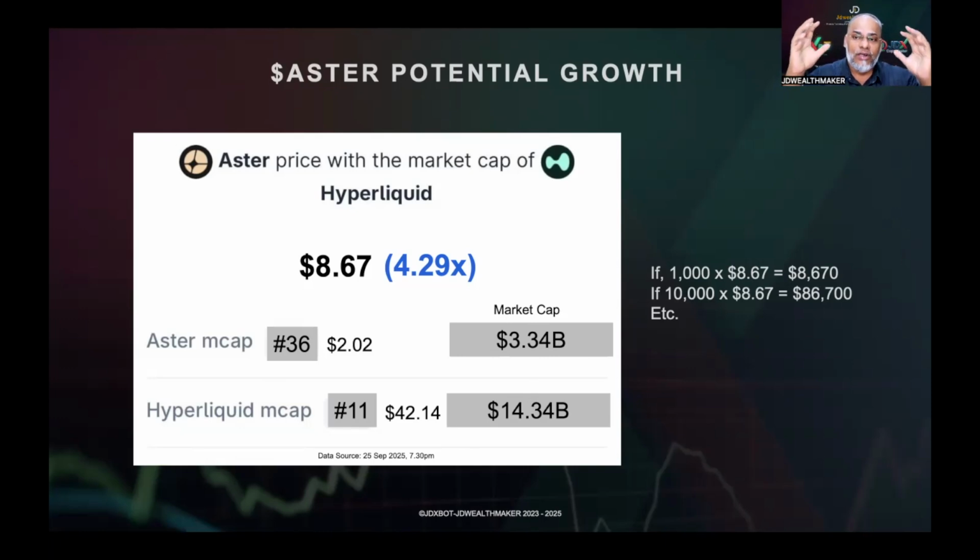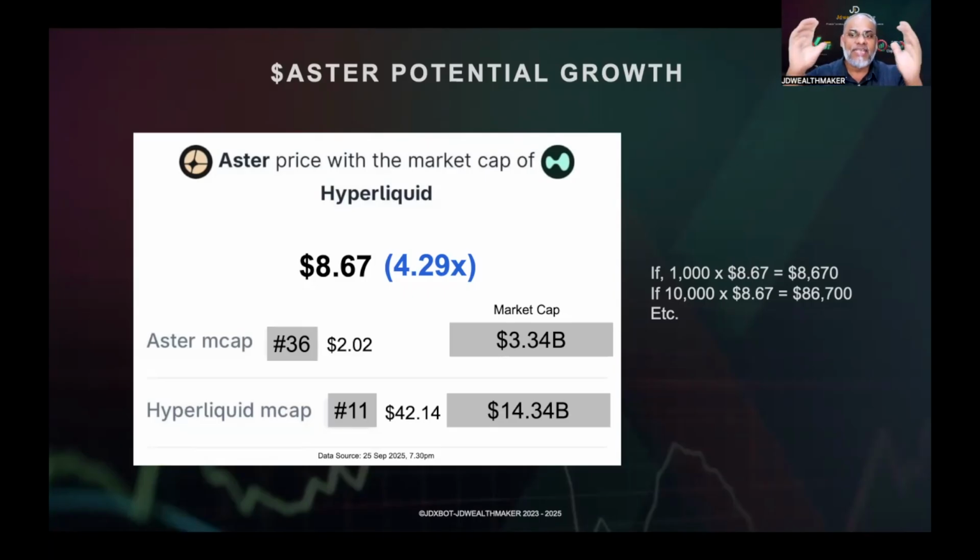A lot of activities are going on to pull customers from Hyperliquid into ASTER. So Hyperliquid is currently being challenged. This is the scenario of what is really happening. I hope you understand. These are important background, comparative analysis, and also the potential growth that we are looking at.